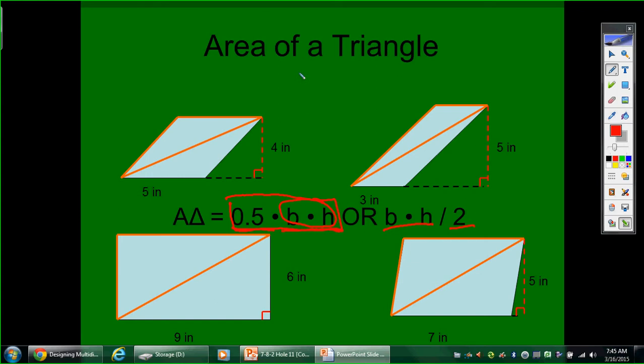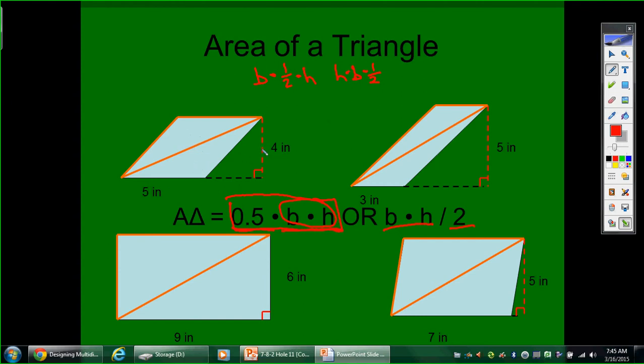A second way that I can do this, if taking half of this isn't as easy, is that the commutative property allows me to reorder multiplication, and it doesn't change the outcome of my problem. So I can move these into any order I would like, and that allows me to take half of any one of these numbers and multiply it by the other, and that would give me the area of the triangle.